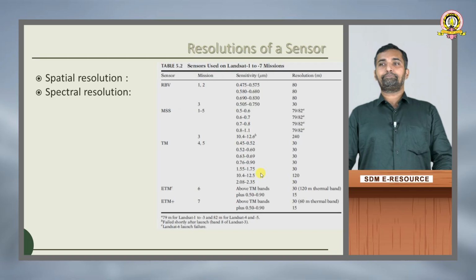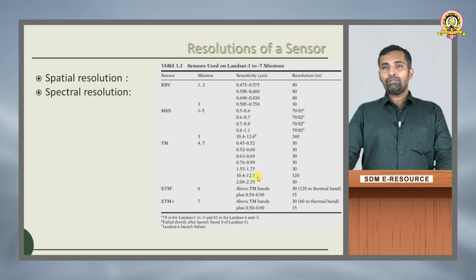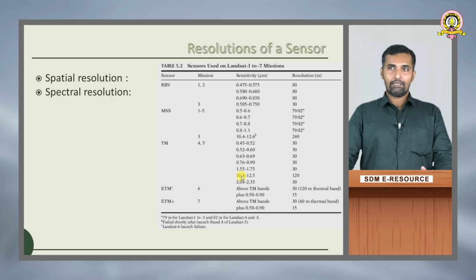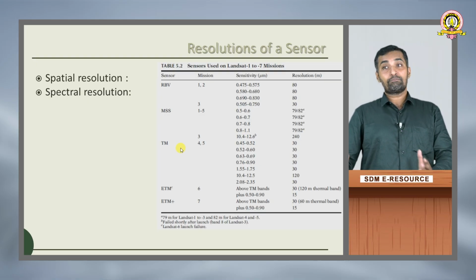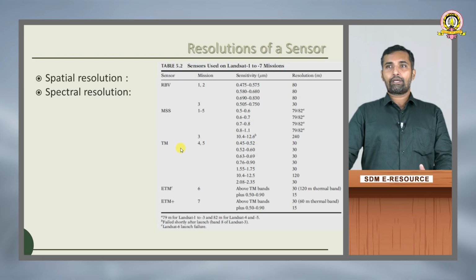Then 2.08 to 2.35 is the mid infrared region. That means the TM sensor has 7 bands. The spectral resolution of the TM sensor is capable of collecting information about Earth's surface features in 7 different bands. It has high spectral resolution.